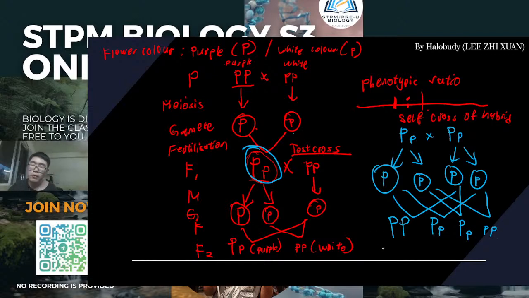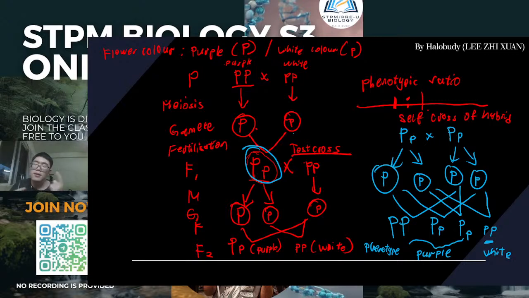But for the phenotype, if you compare the phenotype, all of these 3 are purple color, and then only one is white color. So meaning that there is a 3 over 4 probability to get purple color. So meaning if 4 offspring are born, 3 offspring are purple color.